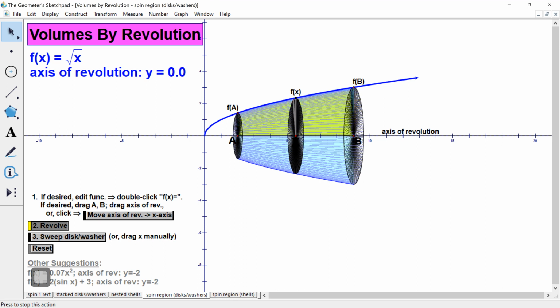So you're going to be calculating the volume of that thing, whatever you want to call that thing. If you can find the volume of that black disk in the middle, or that black disk on the end, or that black disk on the left, you can find the volume of this thing, no problem. It's an easy calculation.